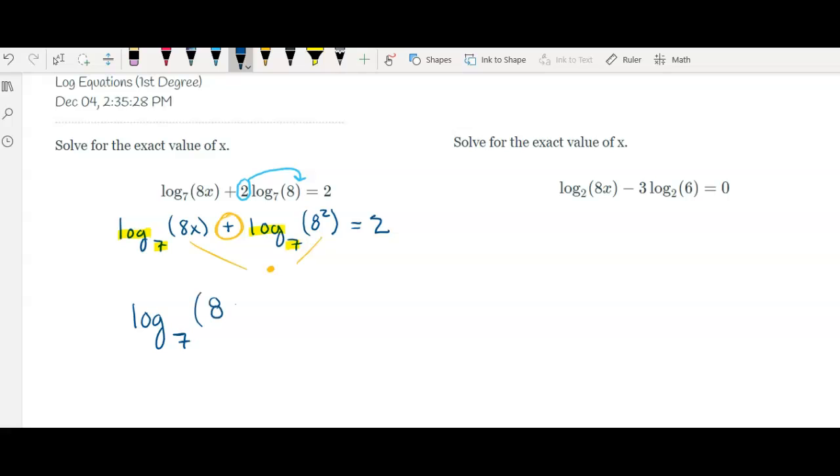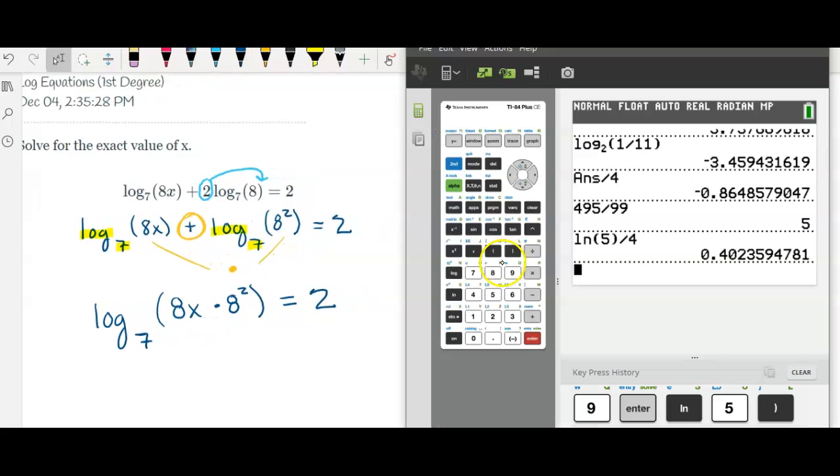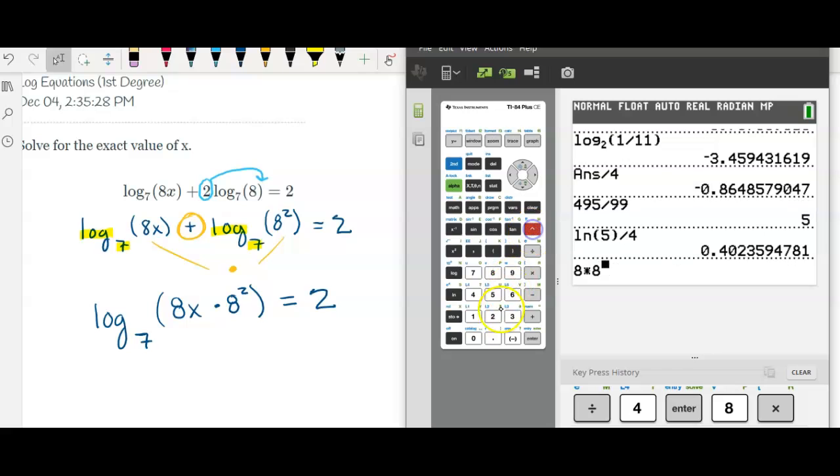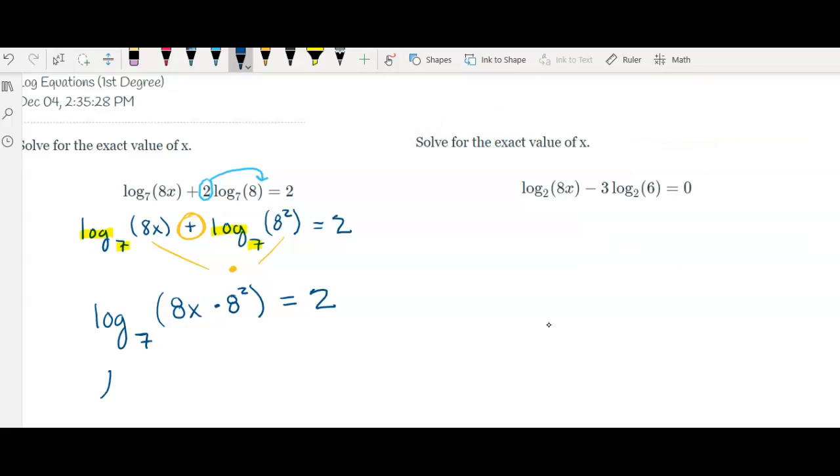I'm going to multiply 8x times 8 squared and set it equal to 2. Now, 8 times 8 squared is 512. So log base 7 of 512x equals 2.